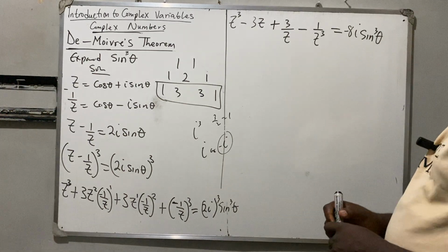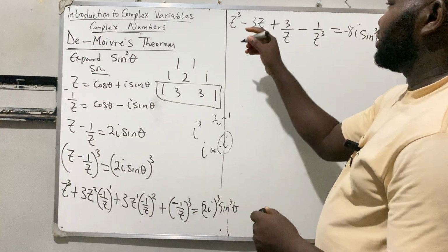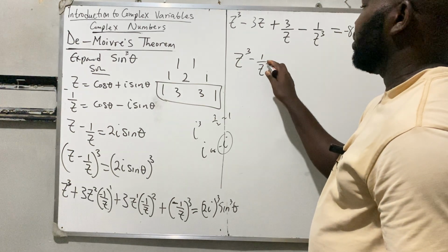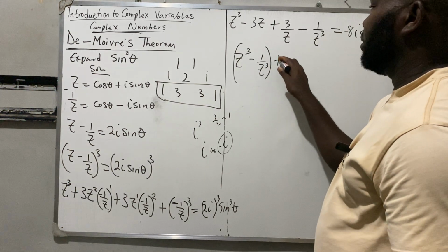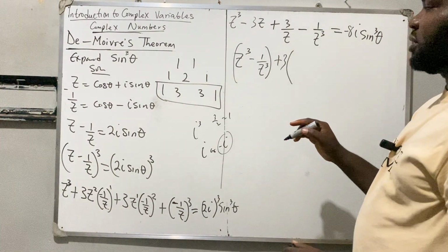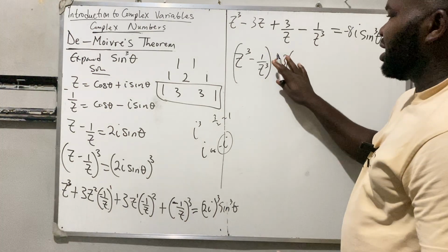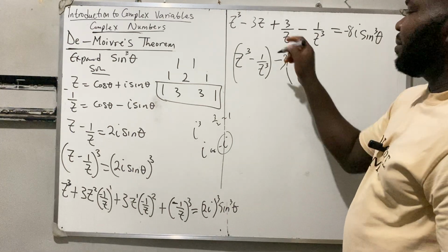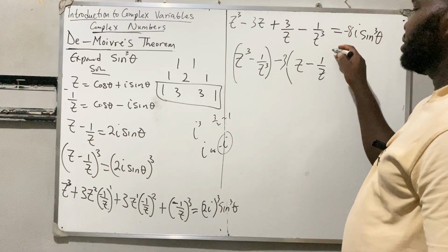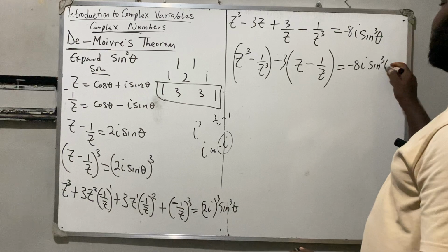Now, let me get the terms that look alike together. So I have z raised to power 3 minus 1 over z raised to power 3, then minus 3 z, minus 3 times 1 over z, equal to minus 8i sine cube theta.